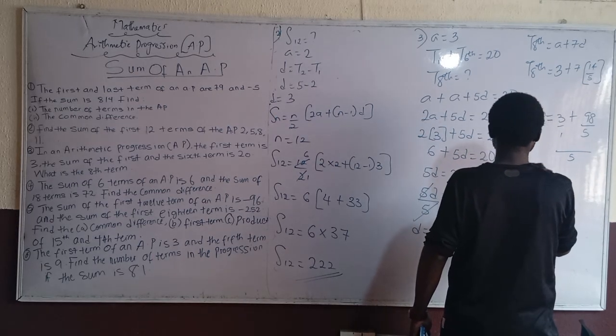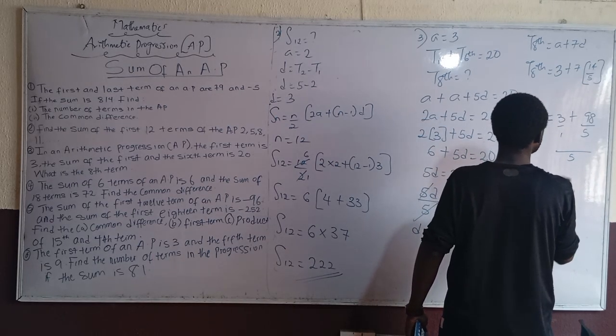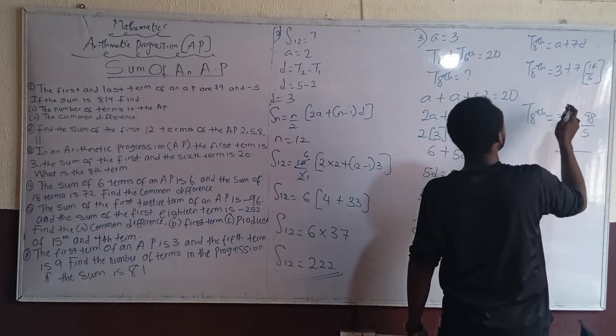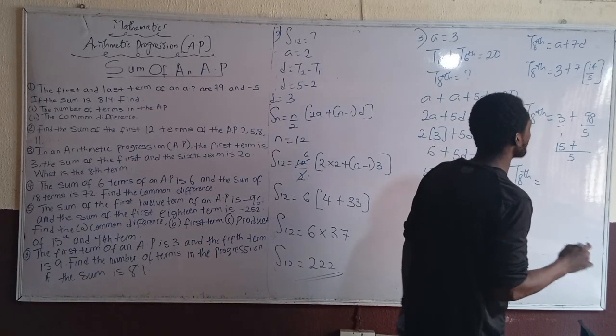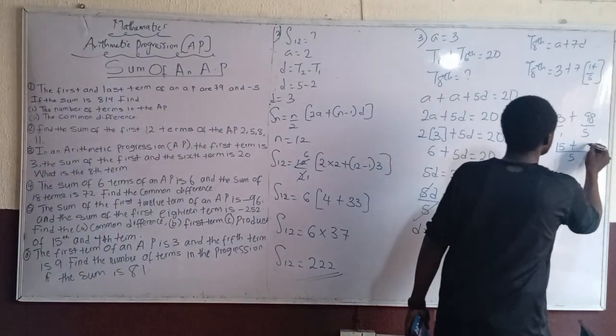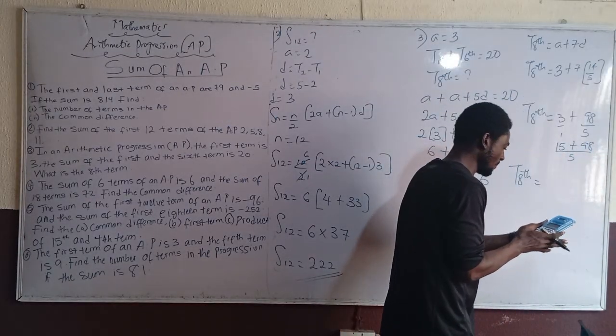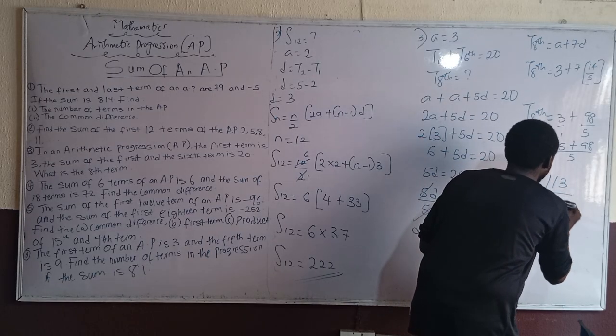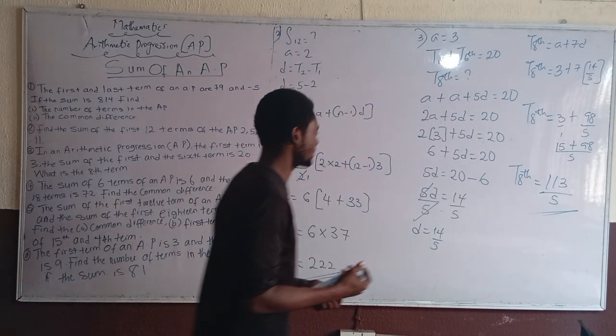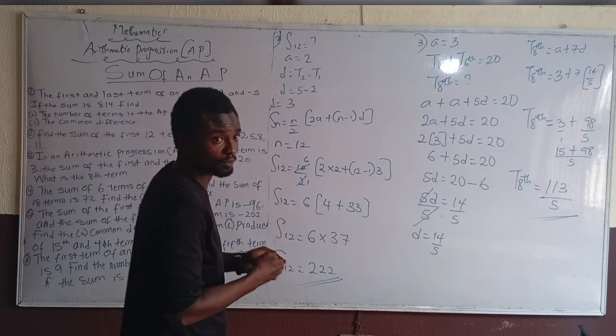Find your LCM. 5 divided by 1 is 5 times 3, 15, plus 5 divided by 5 is 1 times 98 is 98. So 15 plus 98, that is 113 divided by 5. That is T8. So we move to number 4.